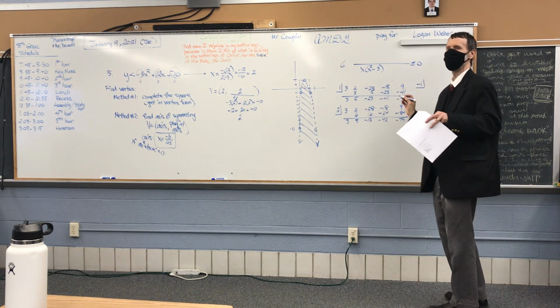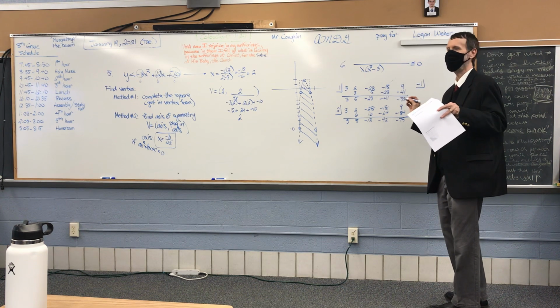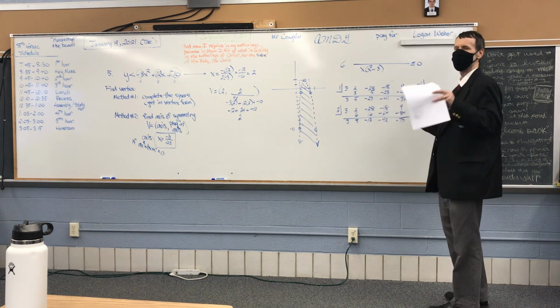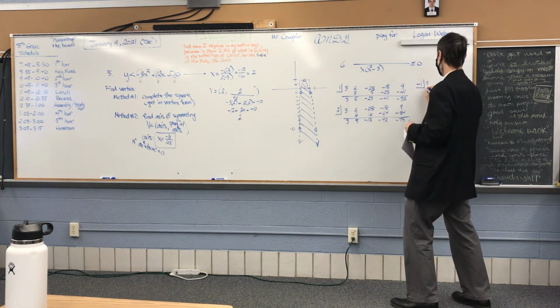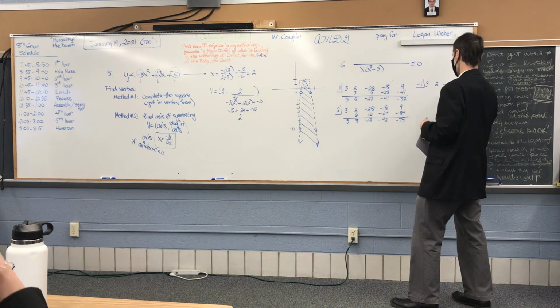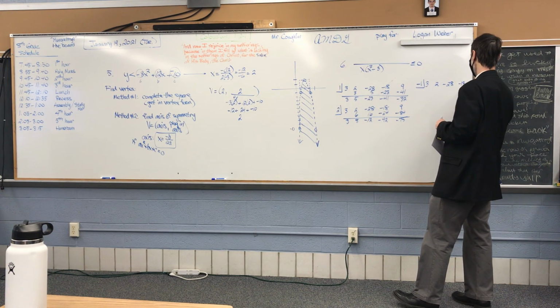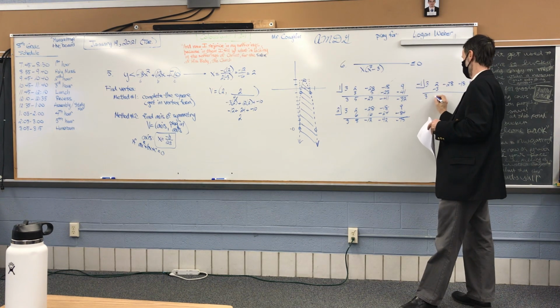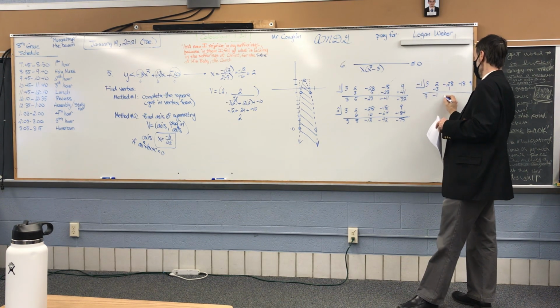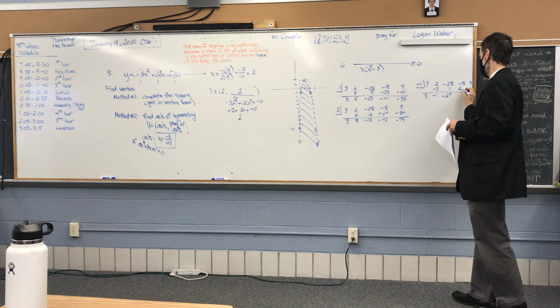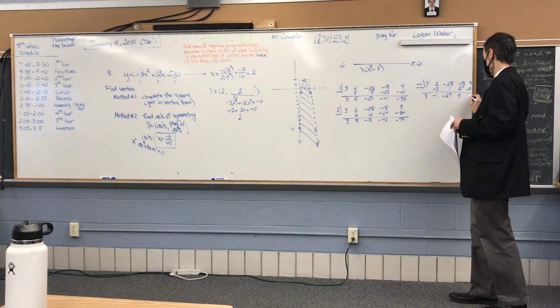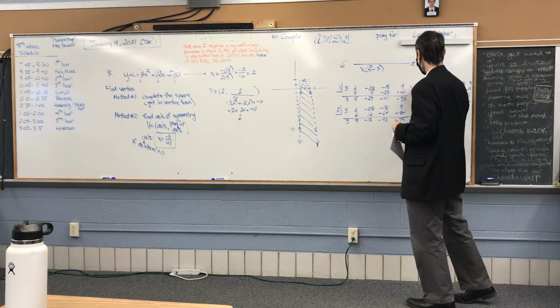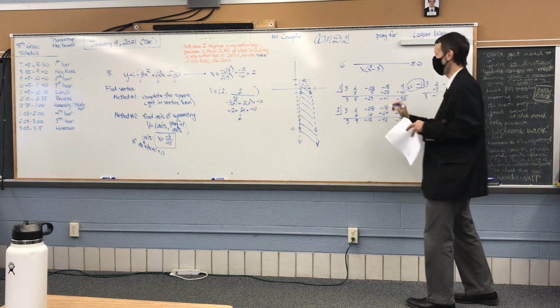Tell you what, John, take over. 3, 2, -28, -18, 9, go for it. 3, 3, -3, -1, good, 1, -27, 27, +9, -9, 0. Congratulations. So we have x equals -1 is one of the solutions.